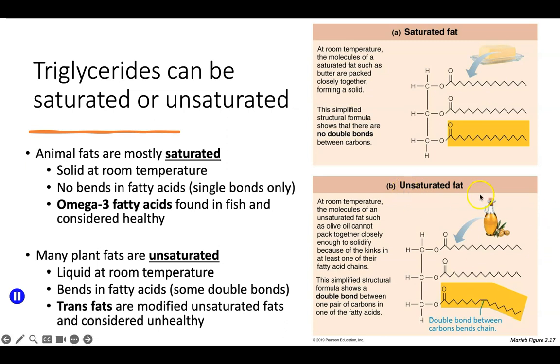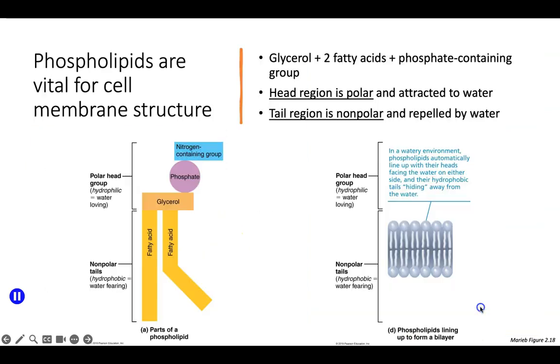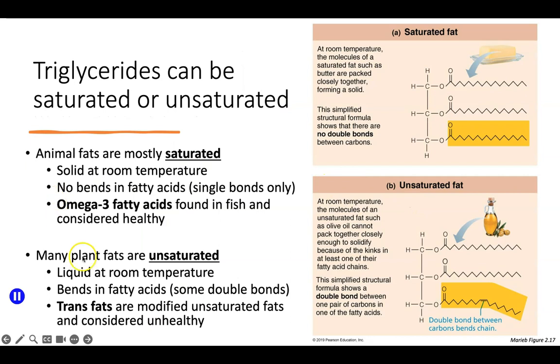That would be like an unsaturated fat, where you have a bend in one of the fatty acids. This is going to make it so that these fatty acids can't get so close together. And so this is what you find in many plant fats. They're unsaturated. So they have just extra space between the different triglycerides. And this means that they will be liquid at room temperature.